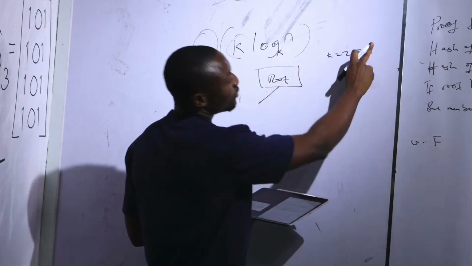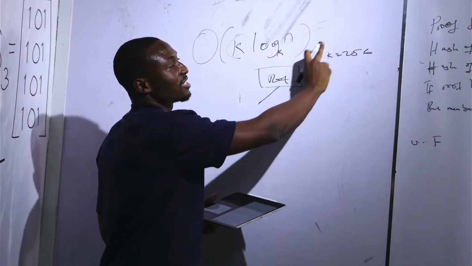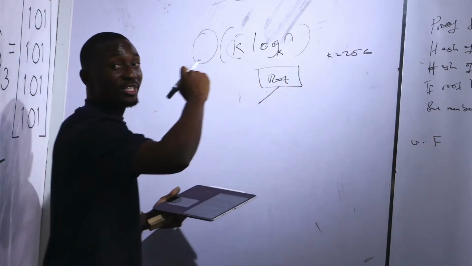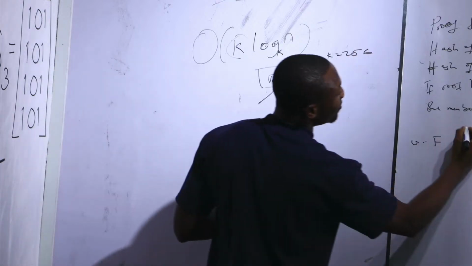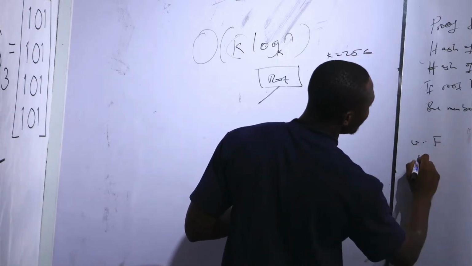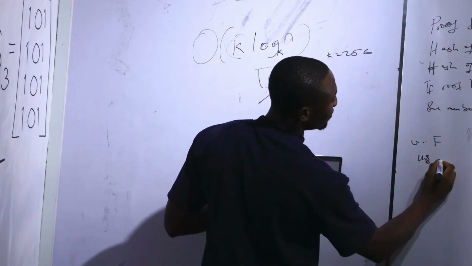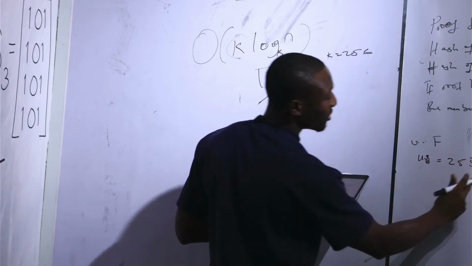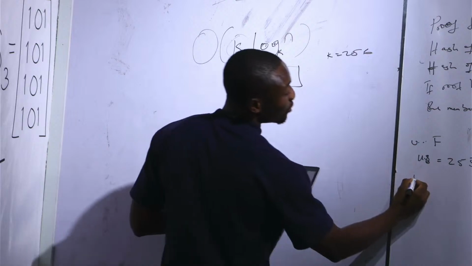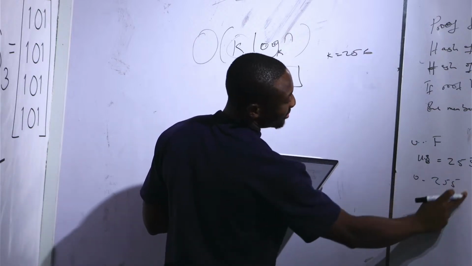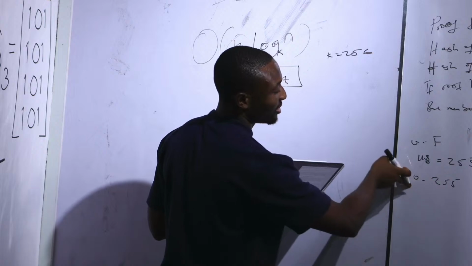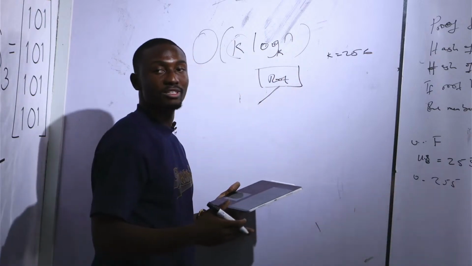But now in a 256, when you have 256 children, how do you index it? You know that the maximum value inside a byte, a U8, is 255. So it starts from 0 to 255. This gives us an easy way to index the entire children.